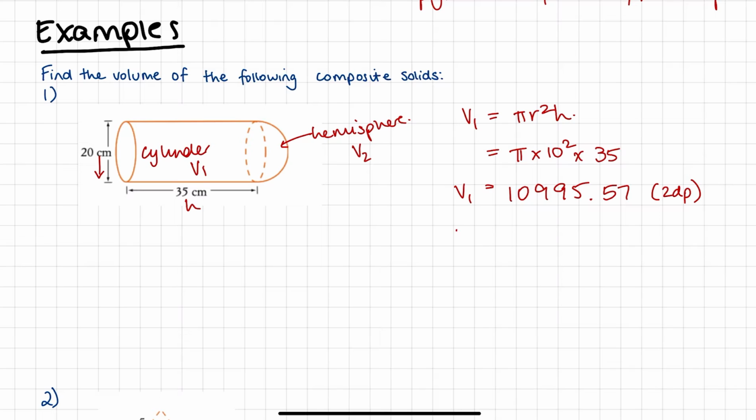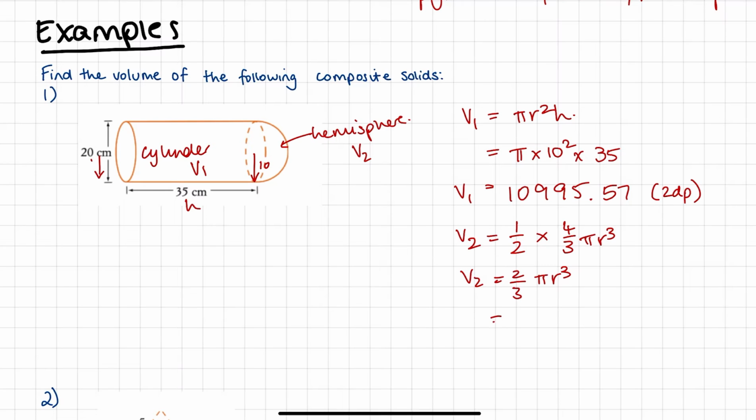The next volume, volume 2, is our hemisphere. Now, our hemisphere is half of a sphere, so it's half times our sphere, which is 4 over 3 pi r cubed. Or if you remember, this is 2 over 3 pi r cubed. Okay, and our radius again is 10, because this radius here moves up to here, so this is also 10.